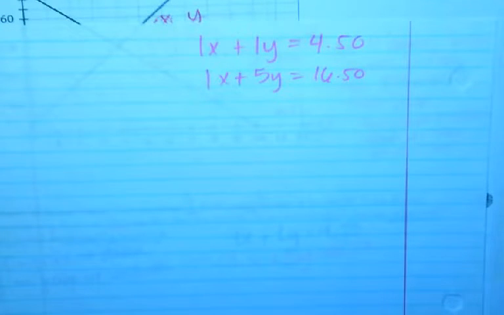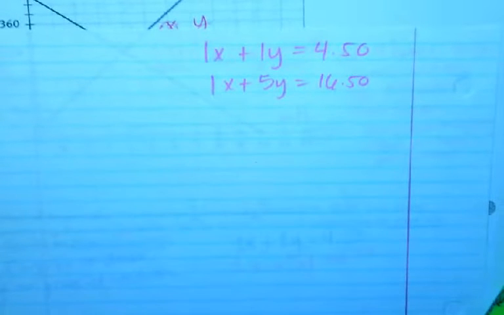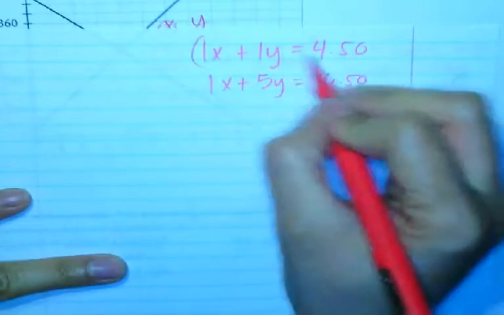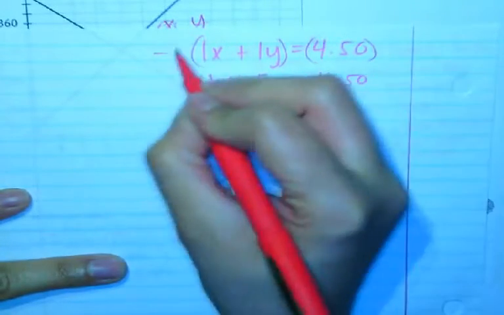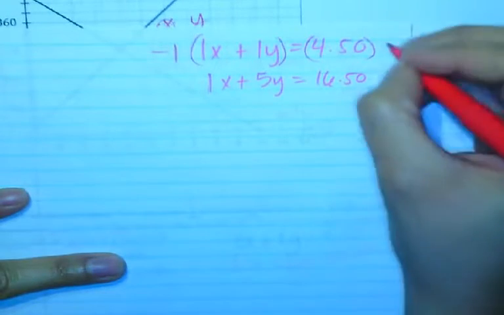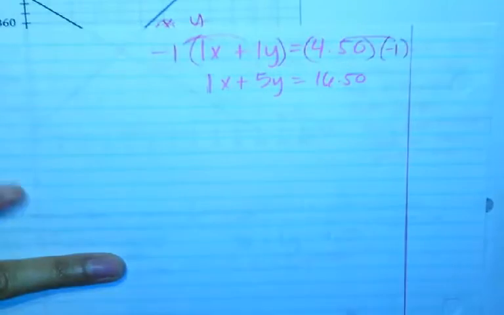I'm going to eliminate the X first. Okay, they already have a coefficient of 1. So I can either make the top one or the bottom one, multiply it by times -1. I'm going to do the top. That way I can make both of these be -1, so I can zero them out. Okay, so I have to multiply all of it by -1.